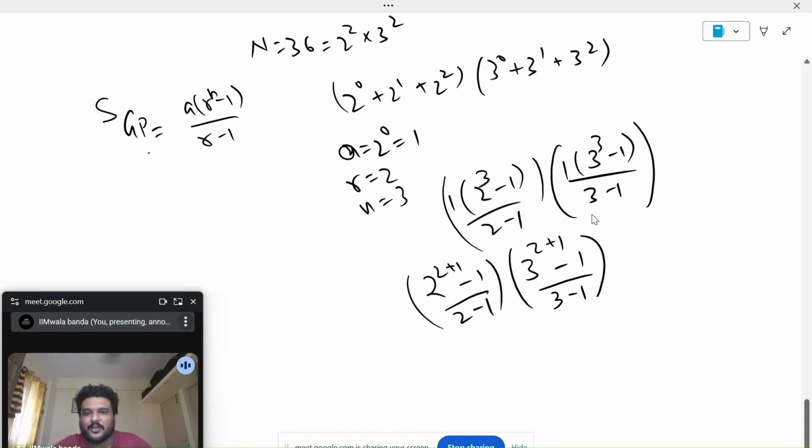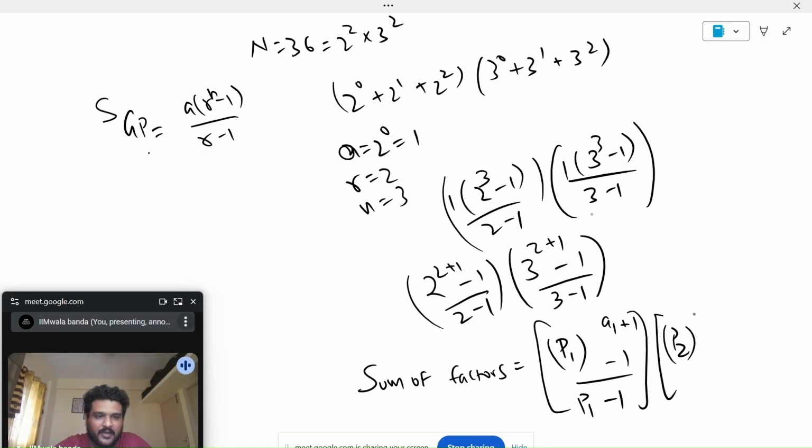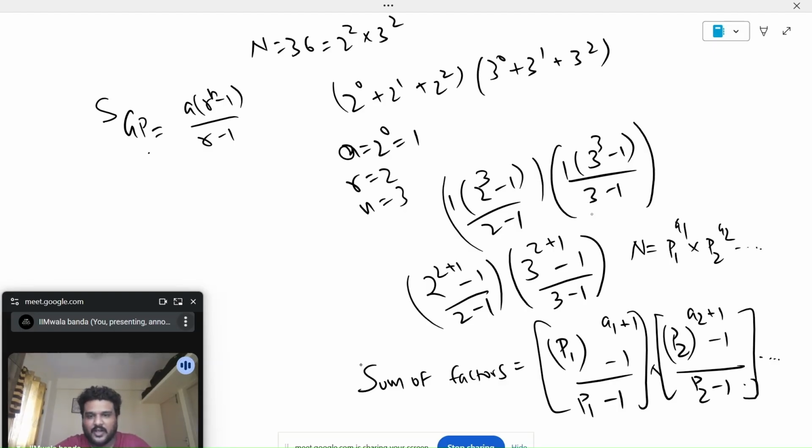So from here we get to our formula that sum of factors can be written as p1 to the power a1 plus 1 minus 1 upon p1 minus 1, p2 to the power a2 plus 1 minus 1 upon p2 minus 1 and so on. This is your sum of factors and you just saw how we derived it. Again, remember n is p1 to the power a1 into p2 to the power a2 and so on. So this is your second formula that you need to remember.